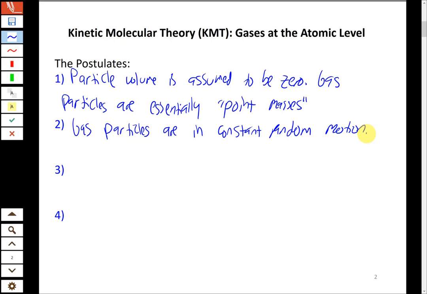If they're enclosed in some container, be it the walls of the room that you're in, or a fixed container if you're studying it in an experimental setting, those gas particles are going to collide with the walls of the container constantly. And it's those collisions that cause pressure. So the collisions of the gas particles with the walls of the container result in what we know as pressure.